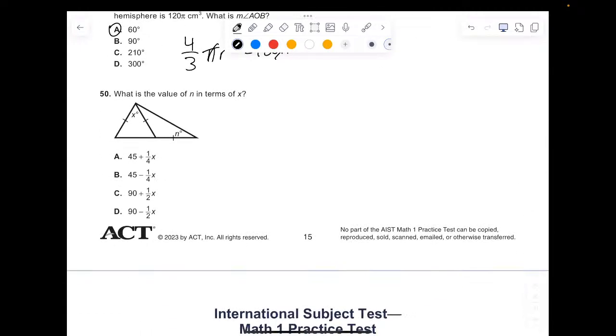What is the value of n in terms of x? Okay. Well, it's going to be equal to... Is that a right angle? I don't think I can assume that.